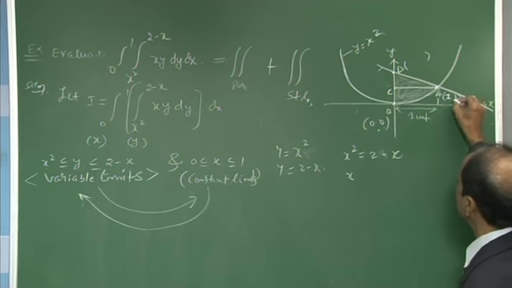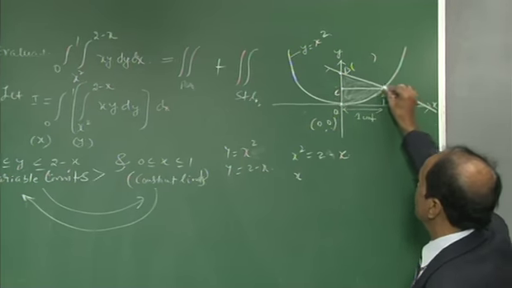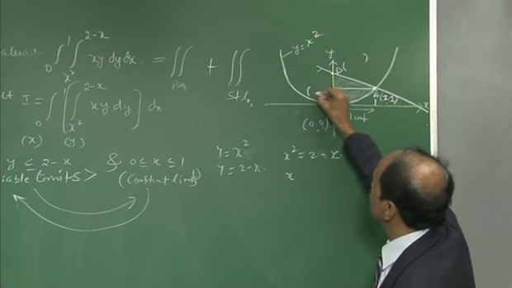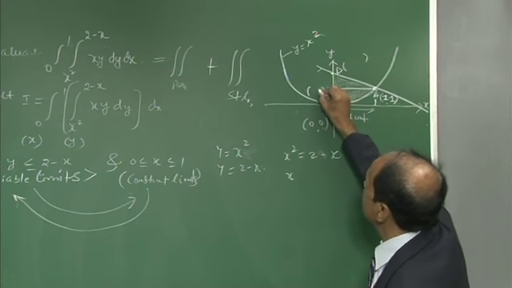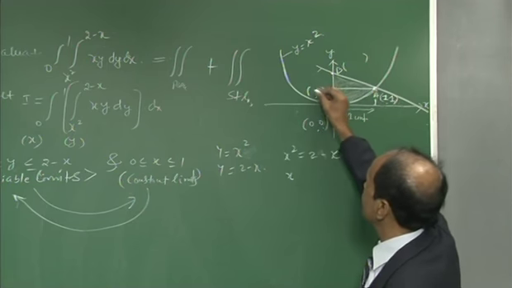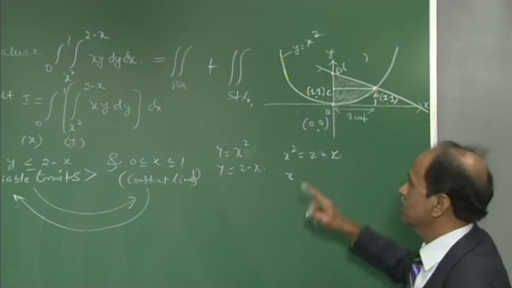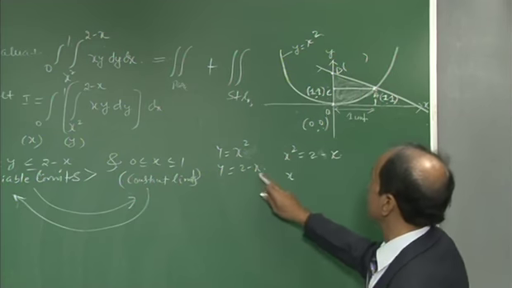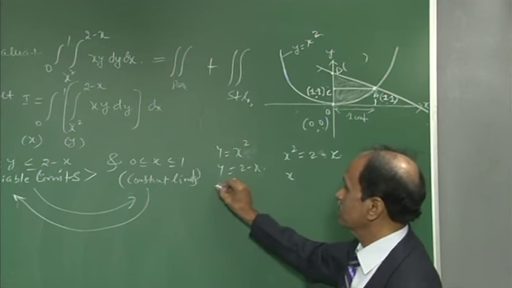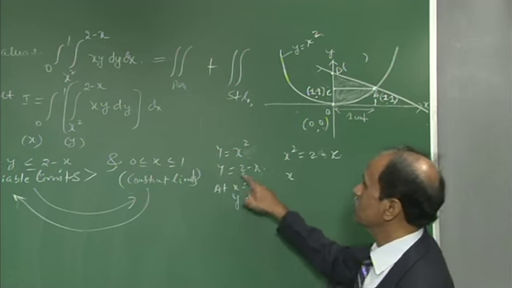Here one coordinate is directly possible. That means A has the coordinates 1 comma 1. Up to here is 1 and here, y is also 1, means C has y coordinate as 1. We have to find out x, and that is also 1 comma 1. And obviously here, x equal to 0 when you put it and y has the maximum limit. That means at x equal to 0, y is equal to 2.